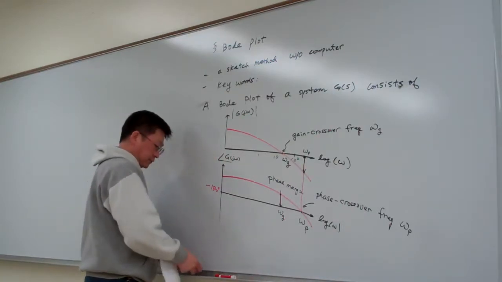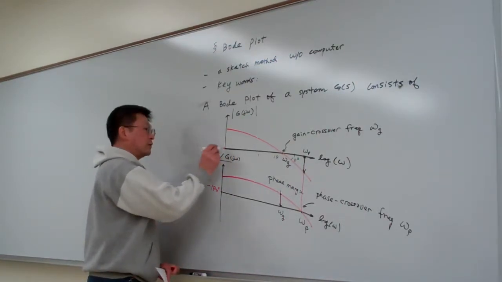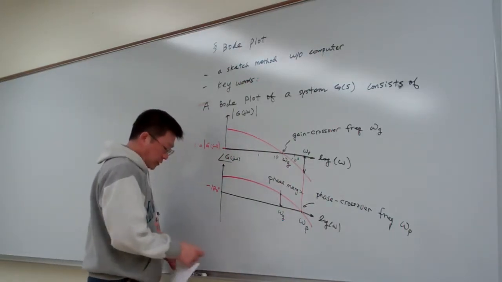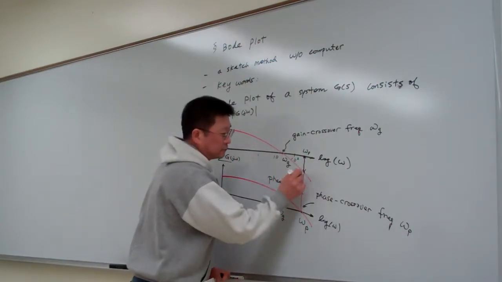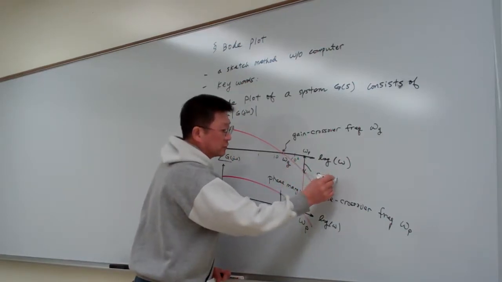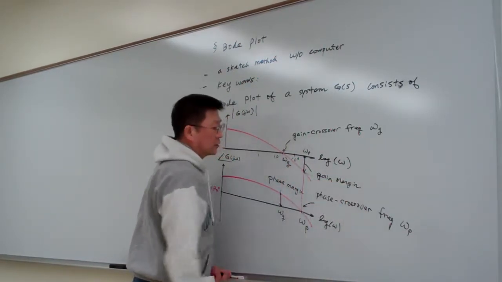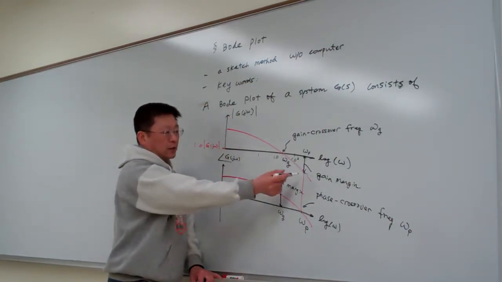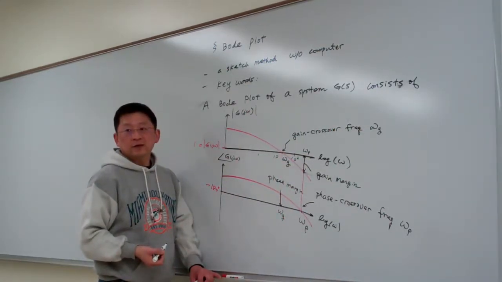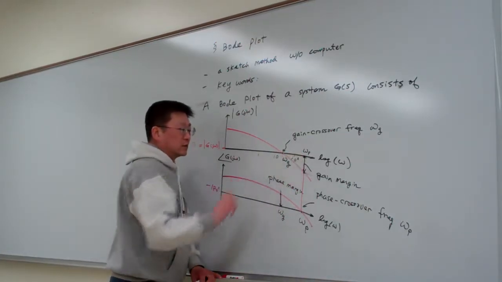So this level here corresponds to G j omega equal to 1. In particular, we define the gain margin as simply this magnitude. Gain margin is the magnitude of the gain with respect to 1. For example, if this number here is 0.1, then the gain margin equals 10. And that is the measurement.